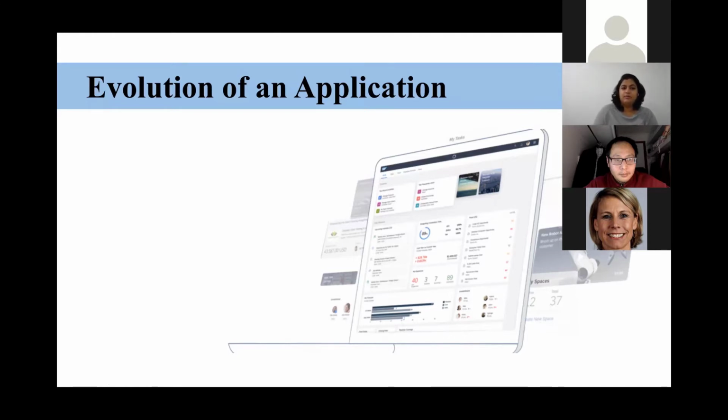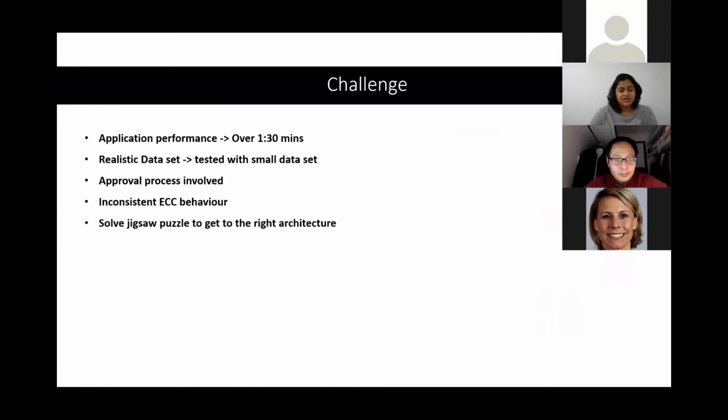So basically, I'll first start with what the challenge was. The challenge was, first of all, the performance, which we could directly see and observe. Why we got that issue is because we did not test initially with realistic data.